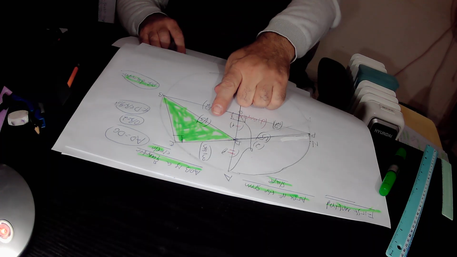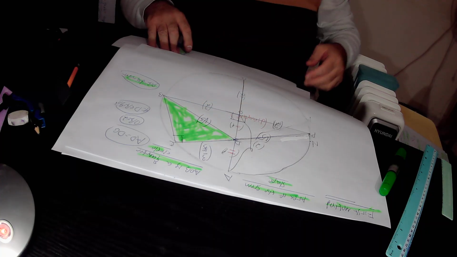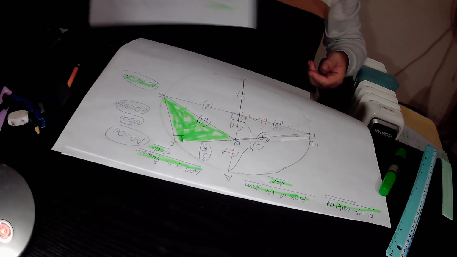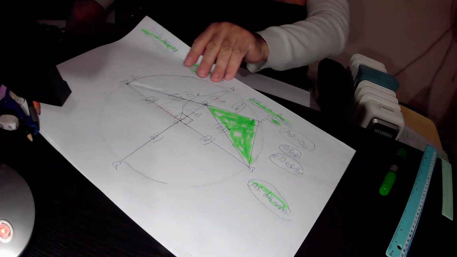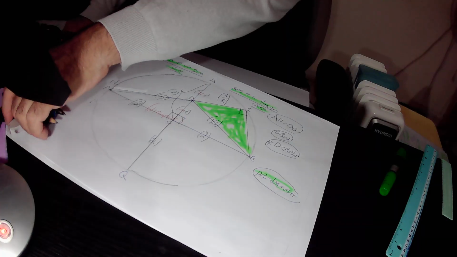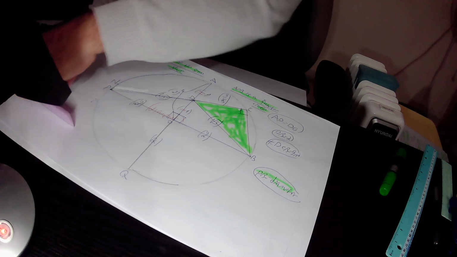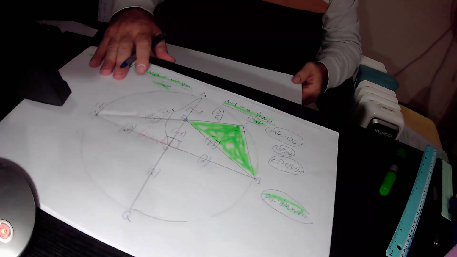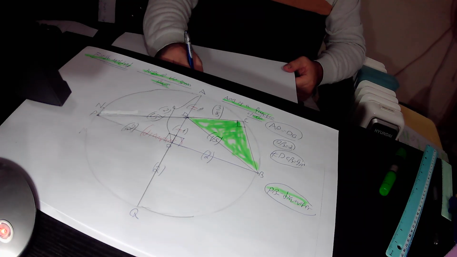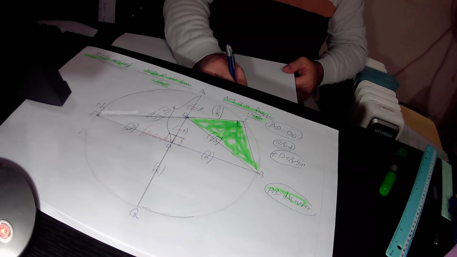So we will implement the Pythagoras theorem on this right triangle DCB in order to find the length of the missing side CB. Here PT is the version for Pythagoras theorem.